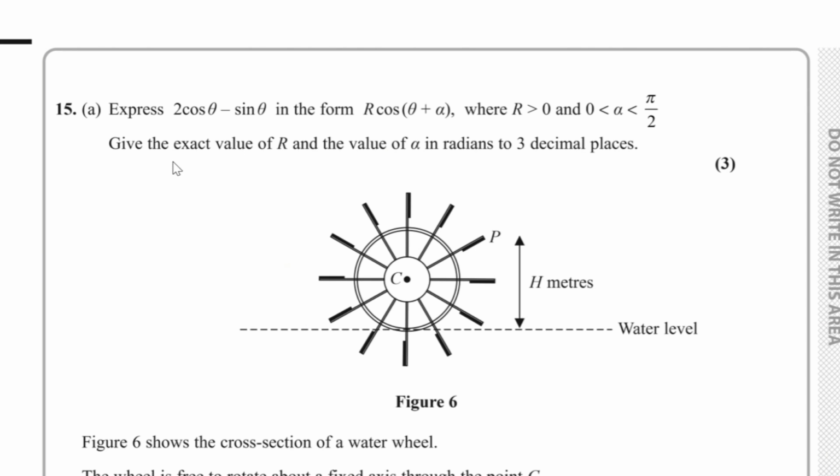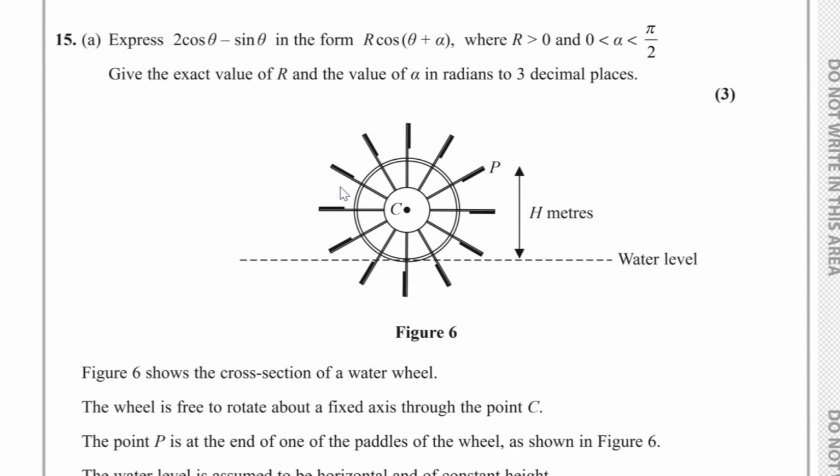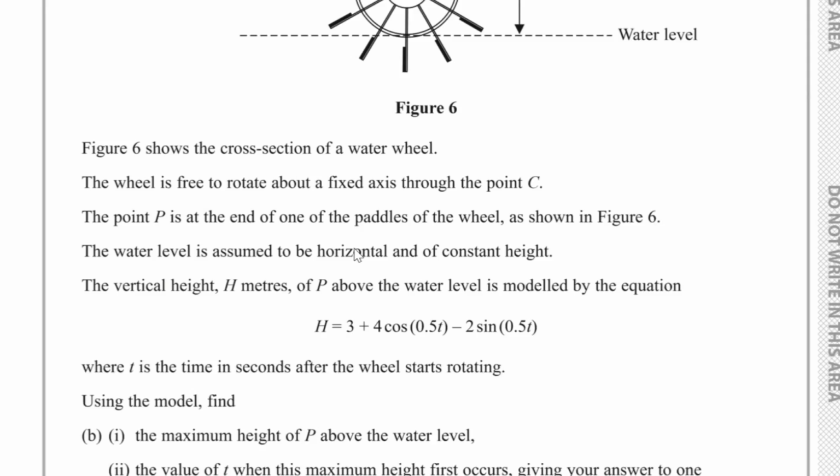Question number 15. For part A, we have to express 2 cos theta minus sin theta in the form r cos of theta plus alpha, where r is greater than 0 and alpha is between 0 and pi over 2. We have to give the exact value of r and the value of alpha in radians to 3 decimal places.